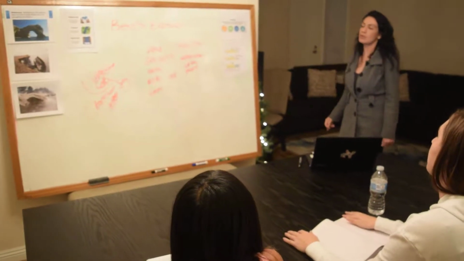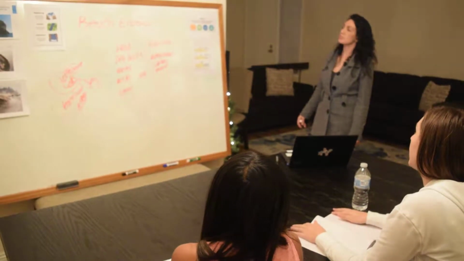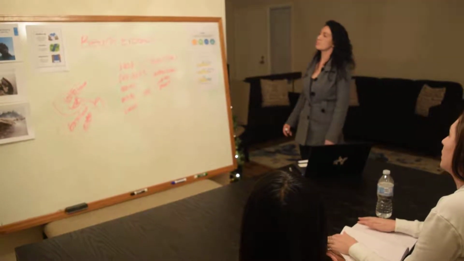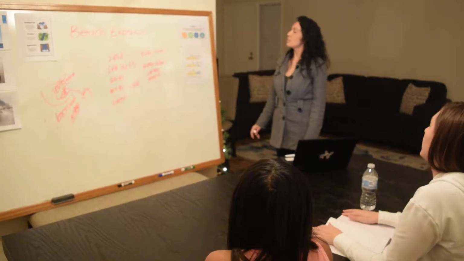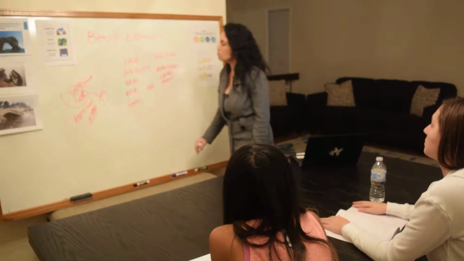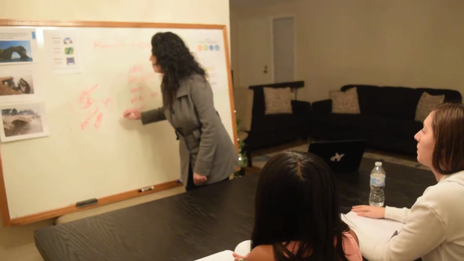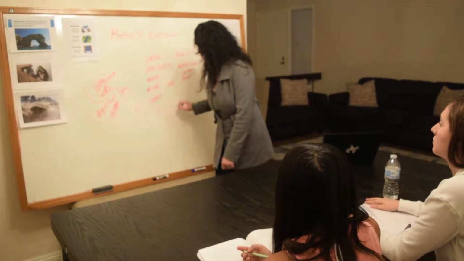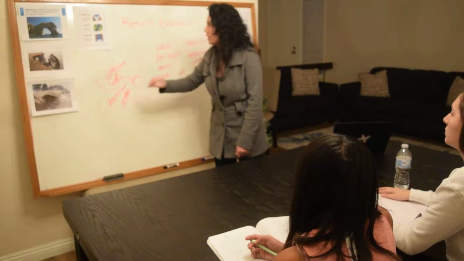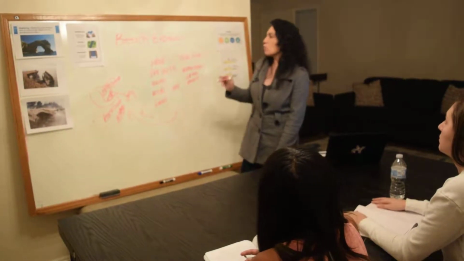Doris, can you read erosion for me? Erosion. The transportation of loose rocks, soil, and sand particles from one location to another. Yeah, so we have the movement of sediments, the movement of the sand, the soil from one location to another by means of water.